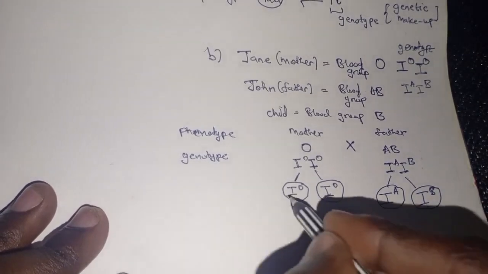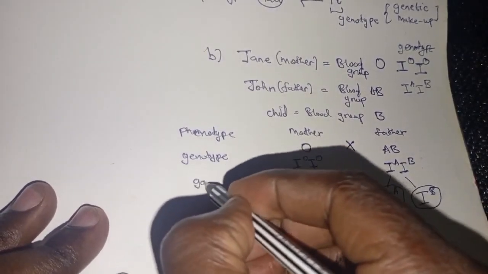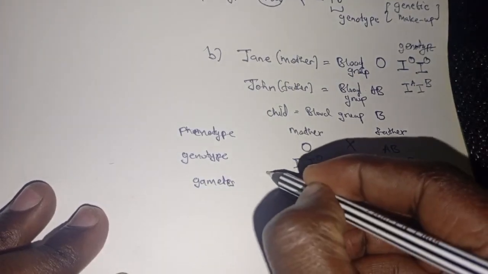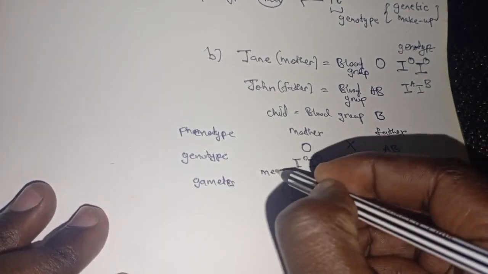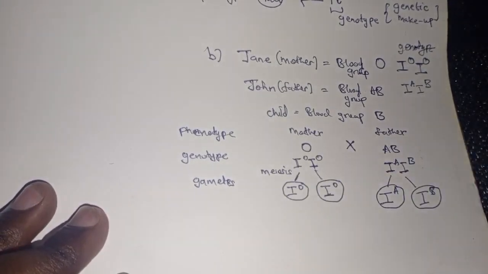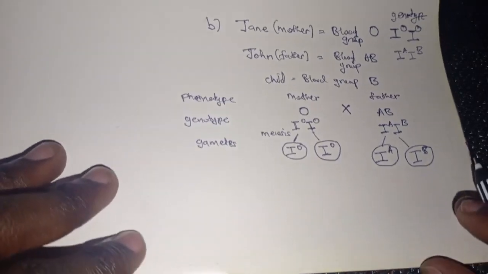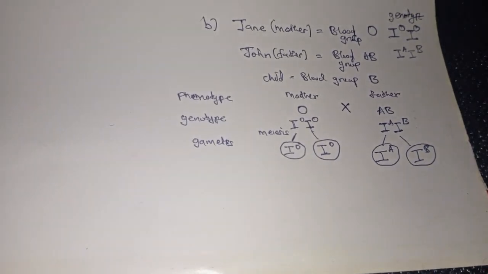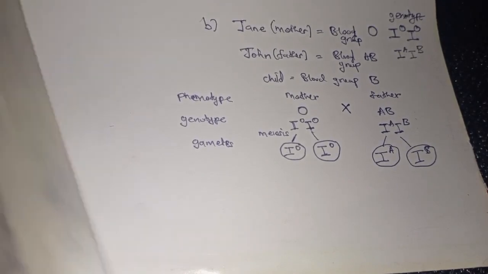So we now call them gametes, because what has taken place is what? Meiosis. Meiosis always produces gametes. Then now we are going to go into fertilization. Fertilization is what shows us what is going on.